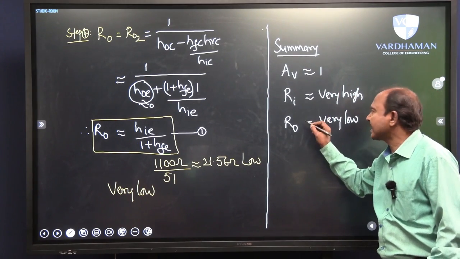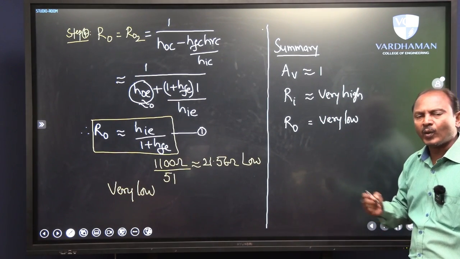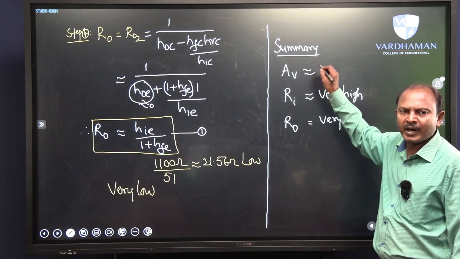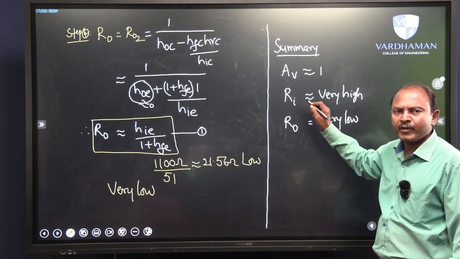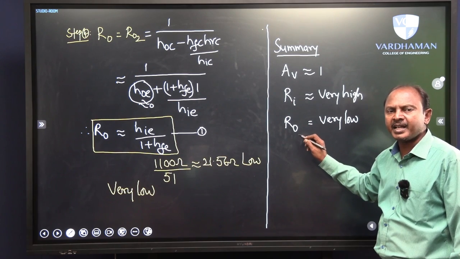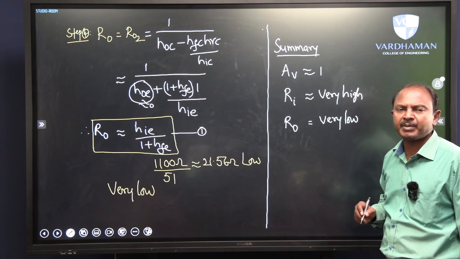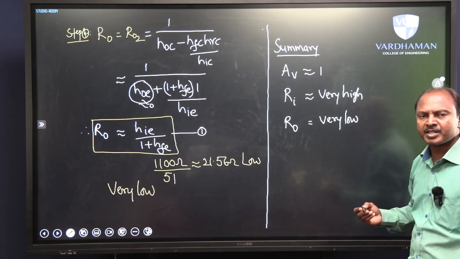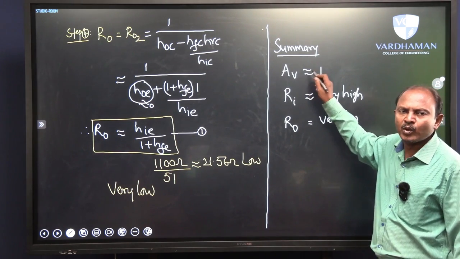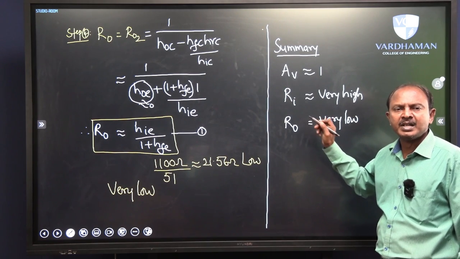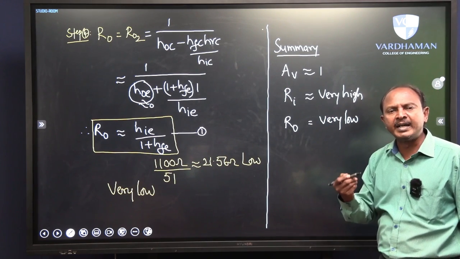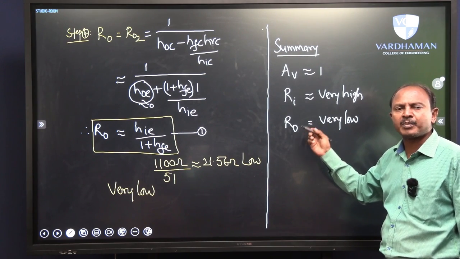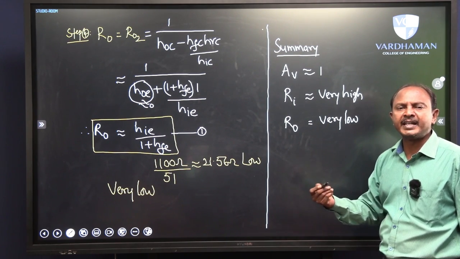Based on these three characteristics of Darlington pair amplifier, one can easily come to a conclusion that since voltage gain is 1 or unity, with very high input resistance and very low output resistance, it can be used as a voltage buffer in real-time electronic circuits, because unity voltage gain, infinite input resistance and zero output resistance are the qualities of an ideal voltage buffer, and the characteristics of Darlington pair amplifier are much close to those of an ideal voltage buffer.